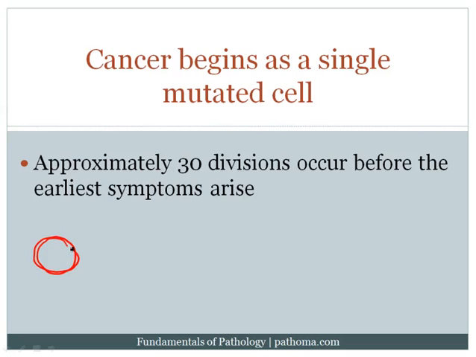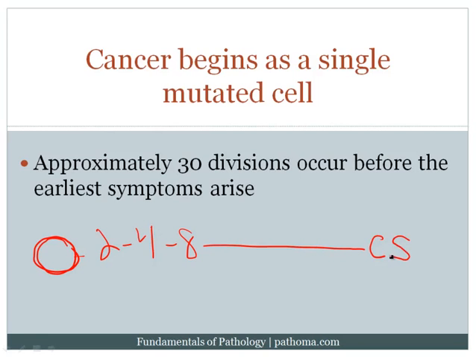And that one cell, once it becomes mutated, it's then going to produce a cancer. And this one cell will become 2 cells, and 2 cells will become 4 cells, and 4 cells will become 8 cells, until eventually you produce a cancer in which clinical symptoms arise.